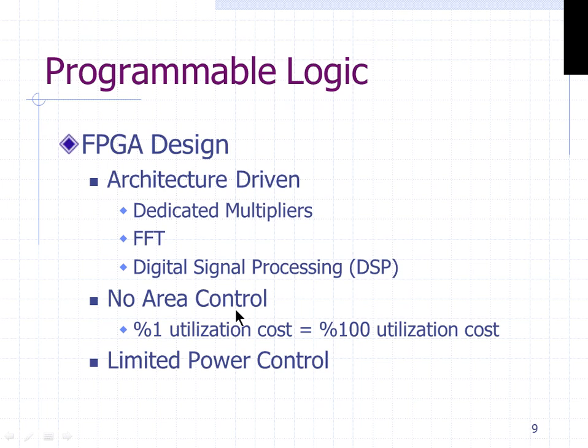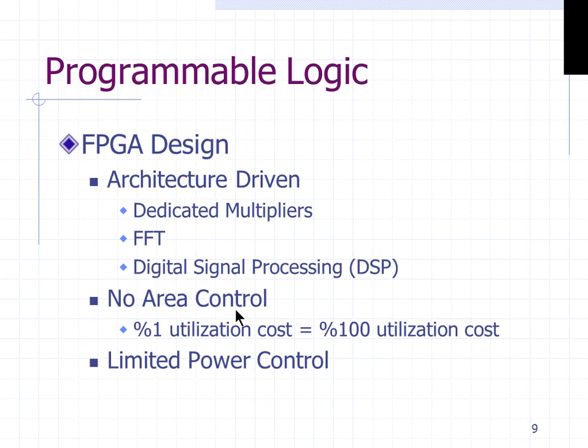One disadvantage with FPGA is it has no area control. It means, let's say the FPGA chip supports up to 5 million gates. Those 5 million gates are available to you. If you don't use the entire FPGA, whatever part you don't use will go to waste. ASIC doesn't work that way.